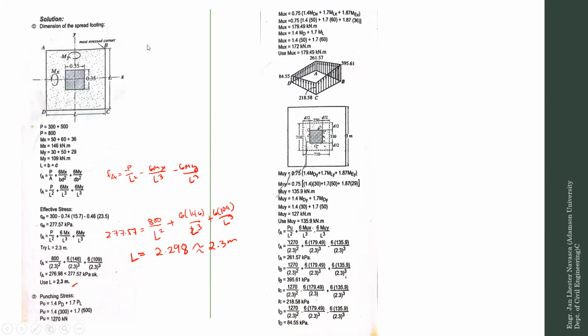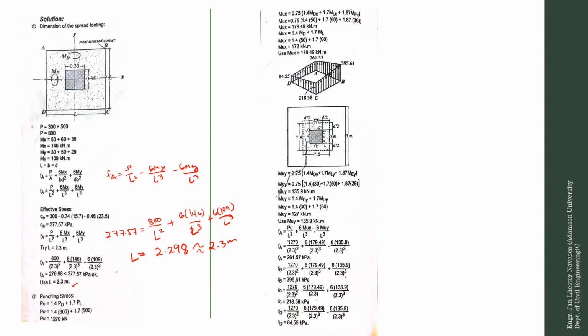So ganun lang din. Kunin mo lang din itong pinakamalaking soil pressure. So yung magbibigay lagi sa'yo ng malaking soil pressure is when you add all the three stresses. Okay, yan yung pinakamalaking soil pressure. And kung gusto niyo consider yung sign, you just need to use negative value for the Q sub E.